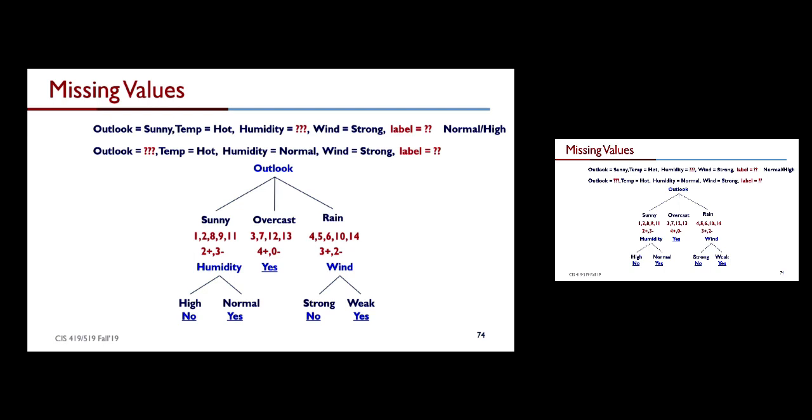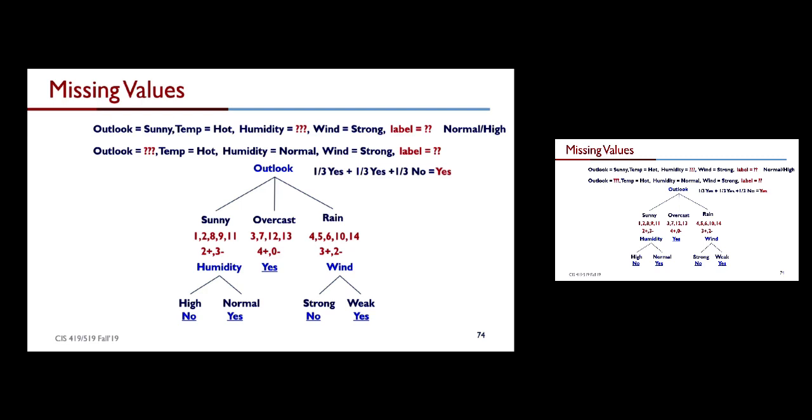Humidity is normal, so I'm going to get yes. With a probability of a third, I'm going to go down to overcast. I'm going to get yes. With a probability of a third, I'm going to go down the rainy. Wind is strong, so I'm going to say no. So I have yes, yes, and no. I'm going to predict yes. So basically, I do it based on the distribution of the data. More correctly, perhaps I should have done it not completely uniformly because I have 5, 4, and 5 rather than 5, 5, and 5, but this wouldn't have changed anything in this case.